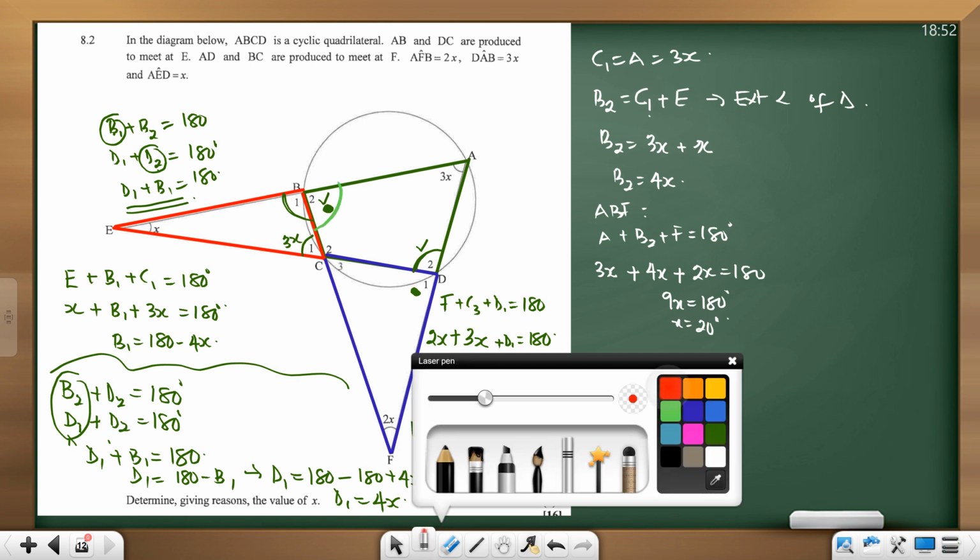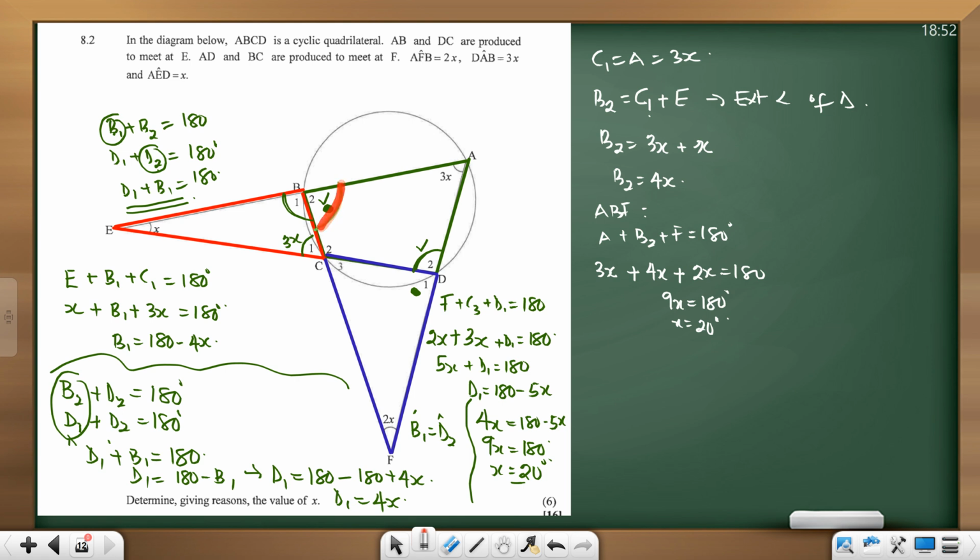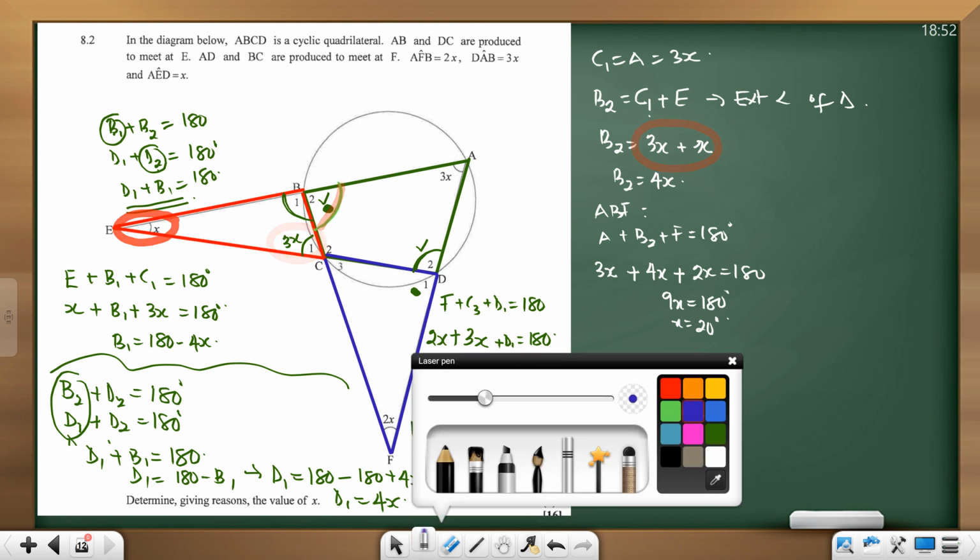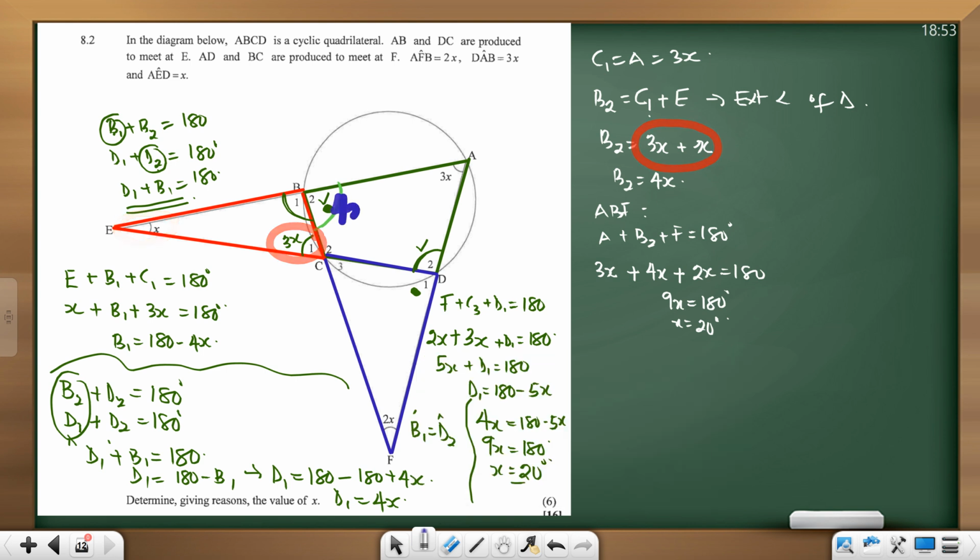The exterior angle is equal to the sum of these two. And that's why we have 3x plus x. Does that make sense? Yes, sir. So now he came back and said, if this is 4x, now I have 3 angles that make up a triangle. The rest is maths now. 4x plus 3x plus 2x equals 180.